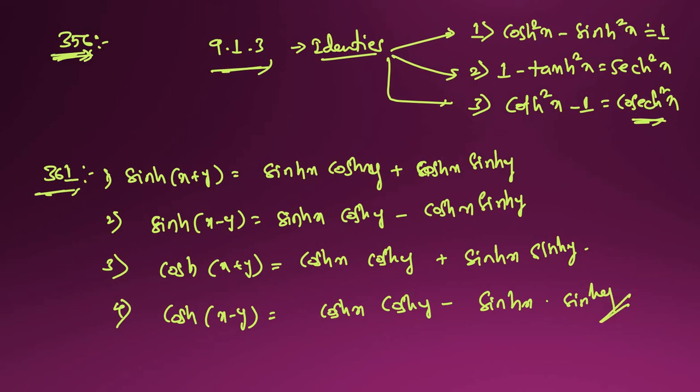These are some important formulas, which you will find on page number 361. Their proofs are on page number 362. All proofs are given here, so please watch those and practice those. After that, we'll go for the other things, that is 9.3.2.